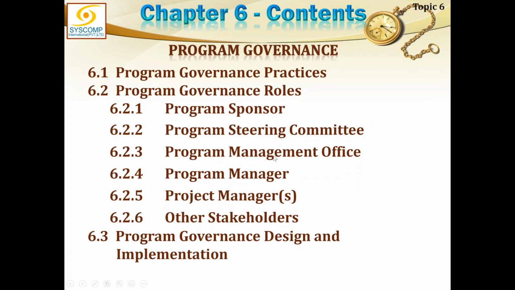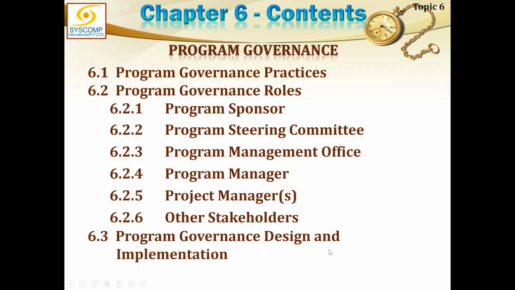If there is a program manager existing, that is naturally part of the governance role. Program managers, project managers, and other stakeholders also have some role in the governance mechanism. But I am not saying that they are part of the governance board. But these are the various governance roles through which it will trickle down to the lowest level.